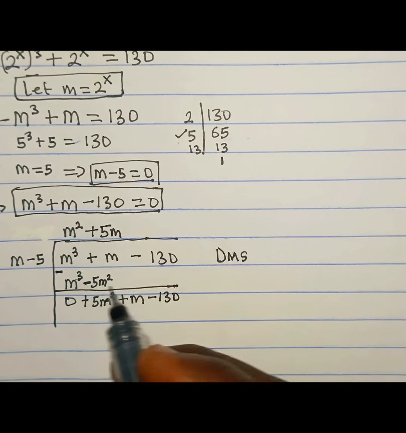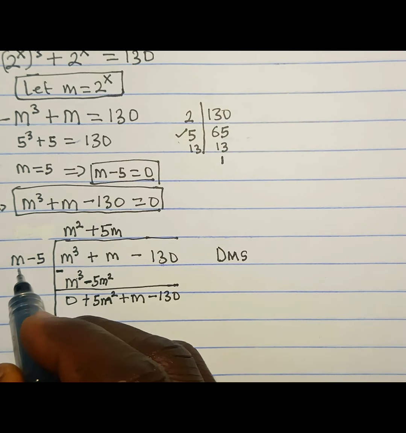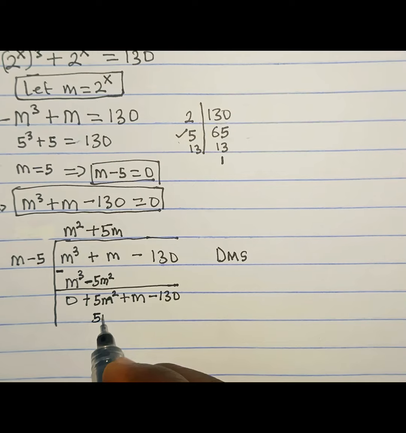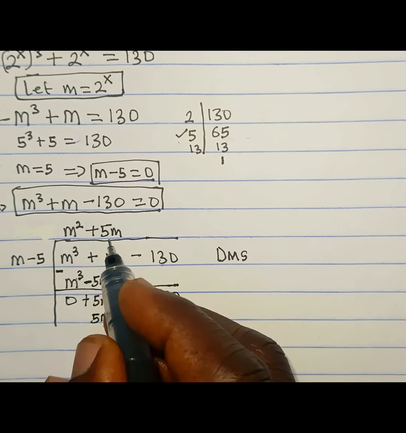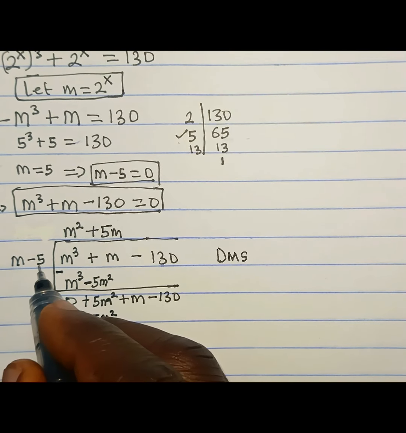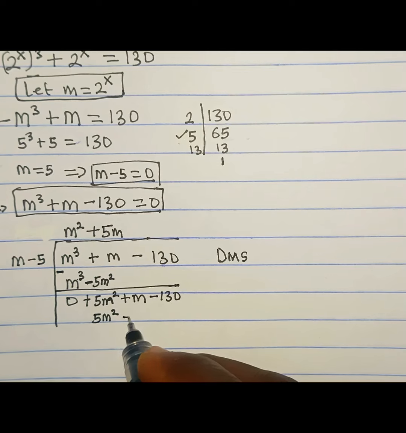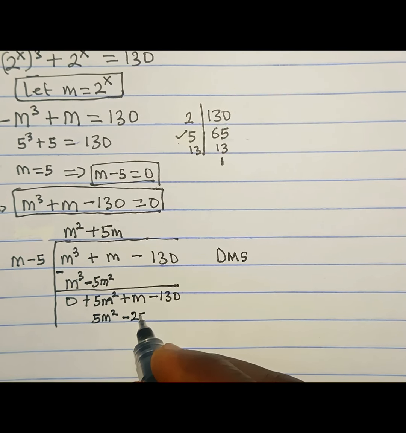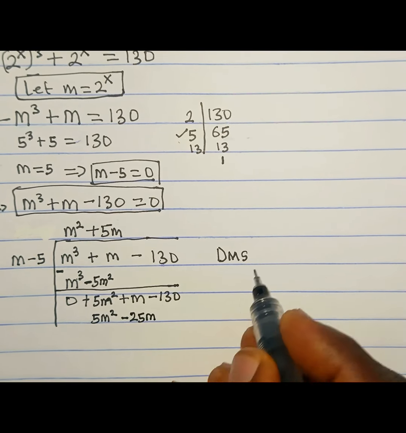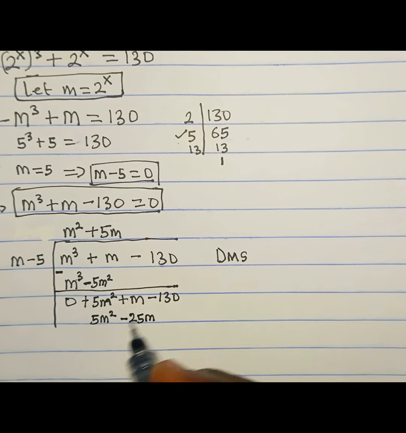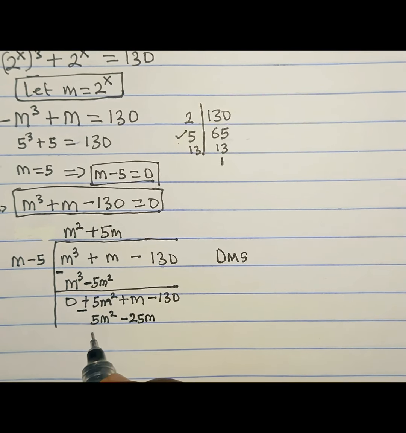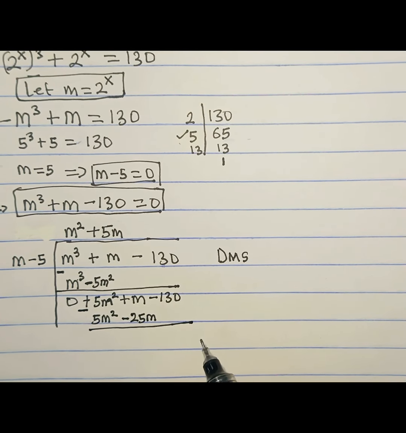Now we're going to multiply. 5m multiplied by m is going to give us 5m squared. Then 5m multiplied by negative 5 is going to give us negative 25m. Then we repeat the last, which is subtraction. Then we subtract the two expressions.